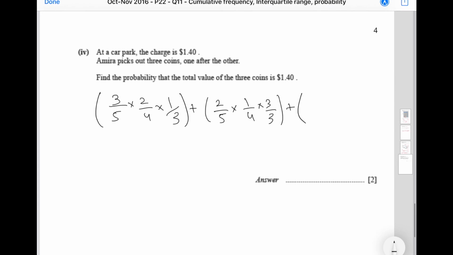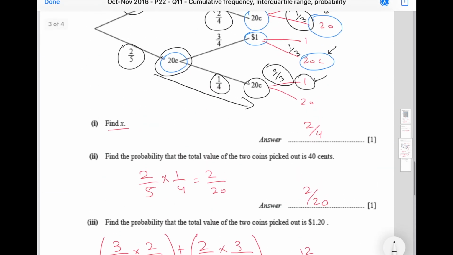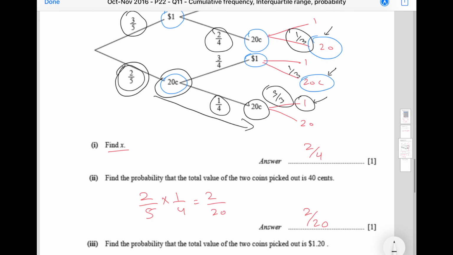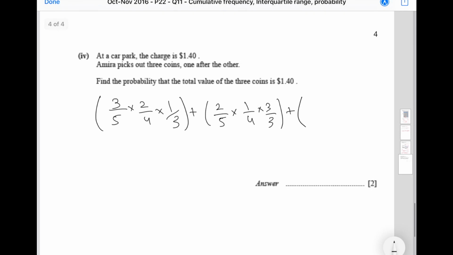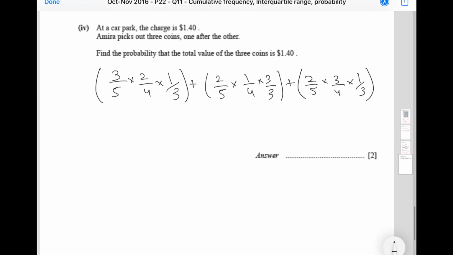Now let's do the last branch, which is 2 over 5 times 3 over 4 times 1 over 3. Now this is getting messy, but I still remember what these numbers are. That's how she picks up $1.40 out of 3 coins.